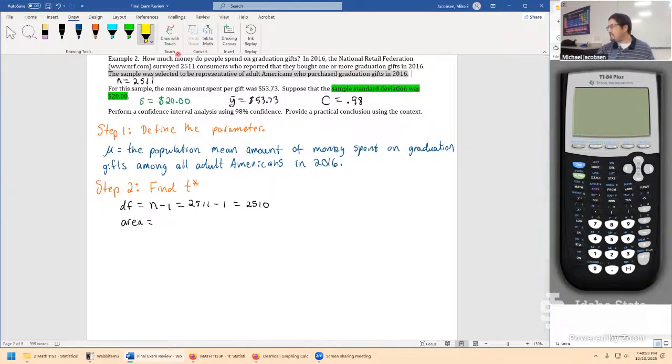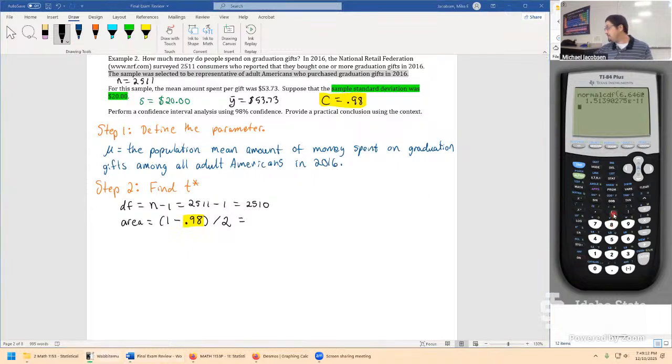But there is a really specific process every time we calculate this area in chapter 14. We took 1 minus the confidence level as a decimal, so 1 minus 0.98, divide by 2. That gives us the right area to look into.